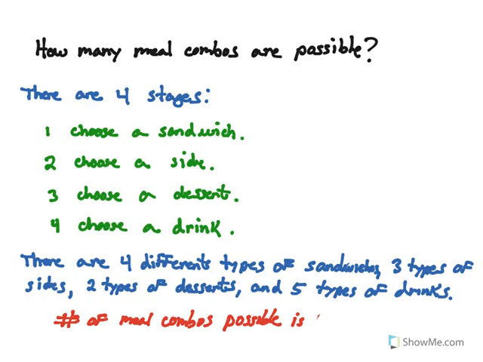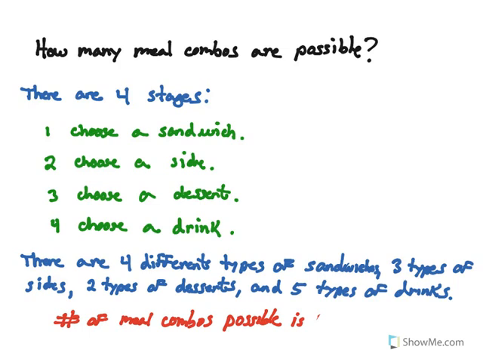So go to the next page. The question is, how many meal combos are possible? How many combinations can we put together given the menu that was provided? As I said, there were 4 steps, 4 stages. You had to choose a sandwich, side, dessert, and a drink. Now remember, how many types of sandwiches did we have to choose from?